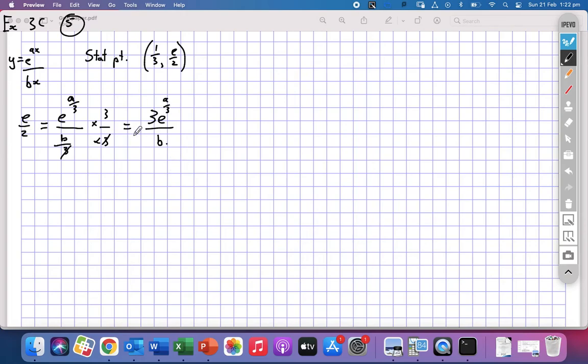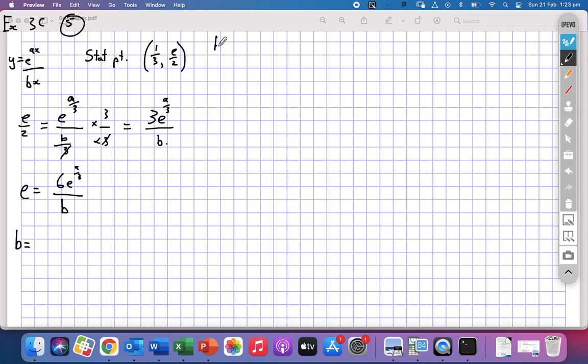We could also times both sides by 2. So e equals 6 on b, e to the a on 3. All I did there was times by 2 on each side. Can get an expression for b. Pulling the a out of the power would be a bit harder, but I am getting a nice expression for b that I can use later.